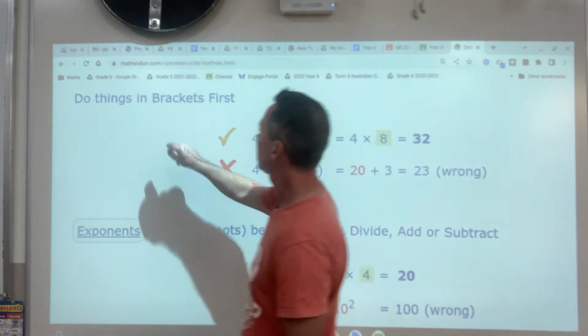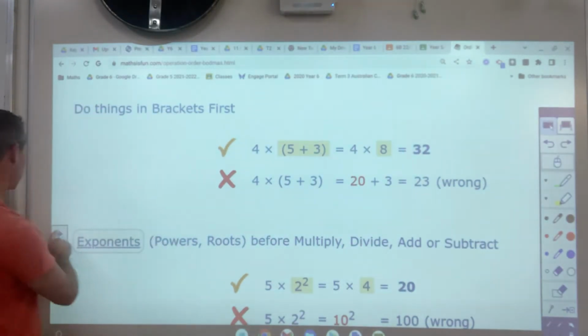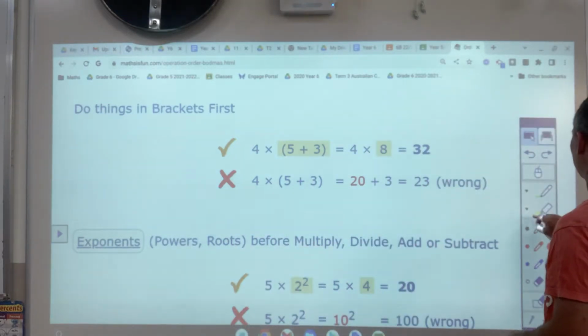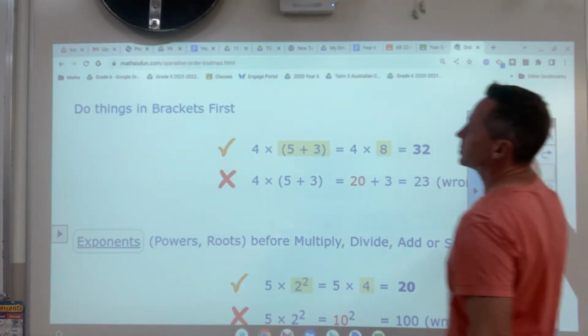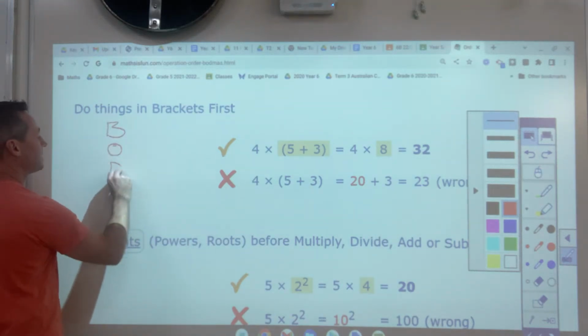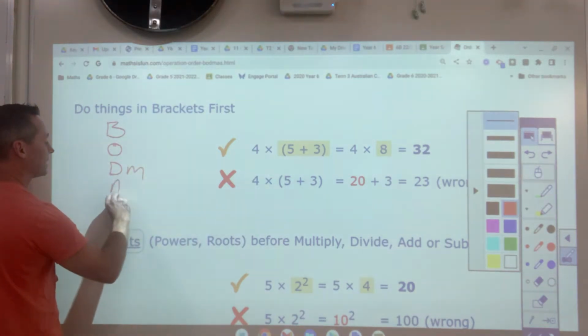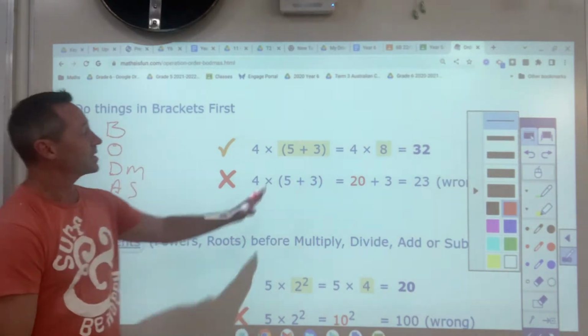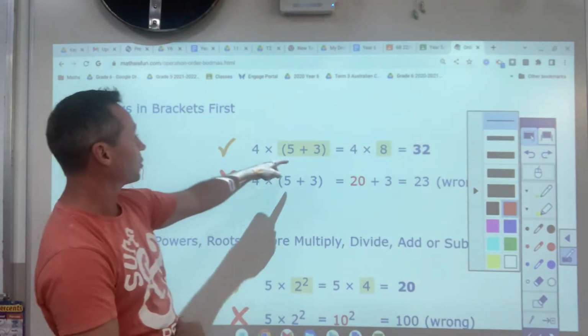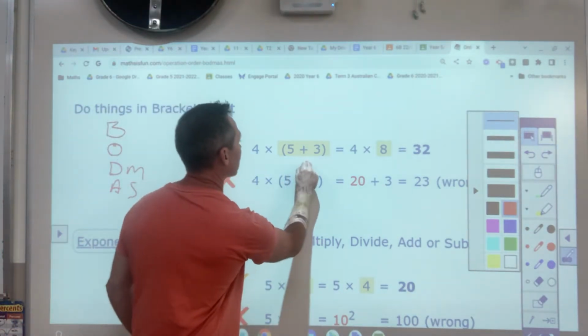But always think of B, O, D, M is next to it, A, S. So in this case, because they're brackets, that's what I do first. So underneath I put 8.